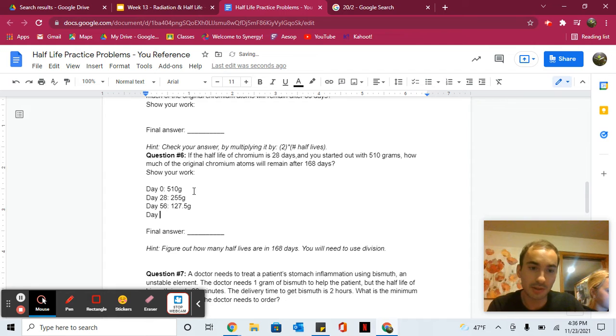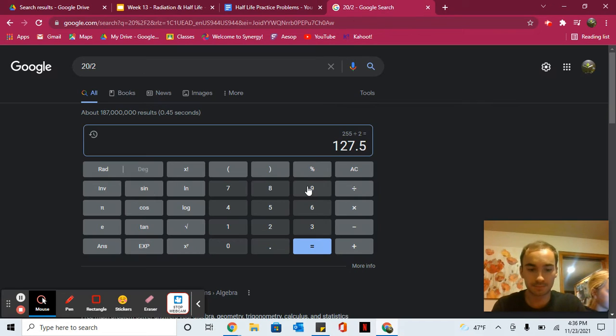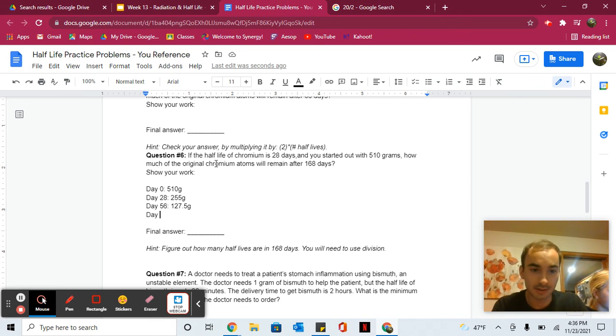And this is how much the actual chromium is being weighed. The chromium is getting replaced by a different element, and this is showing the weight of the chromium. And the idea is you keep going until you hit day 168 to see how much will be left.